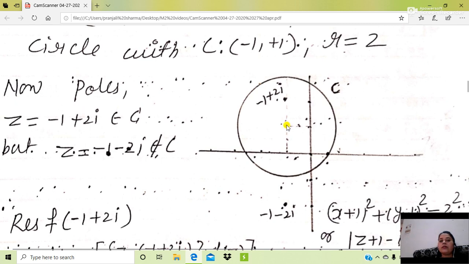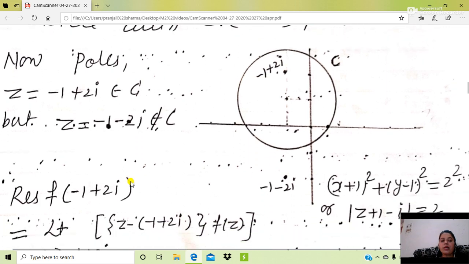This is the center, (minus 1, plus 1) and radius is equal to 2. Now we have two poles, out of which minus 1 plus 2i belongs to the circle. As you can see, minus 1 plus 2i is inside the circle and minus 1 minus 2i is outside the circle. So we only have to calculate residue at minus 1 plus 2i.